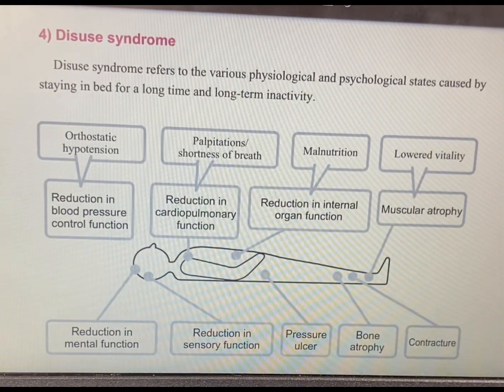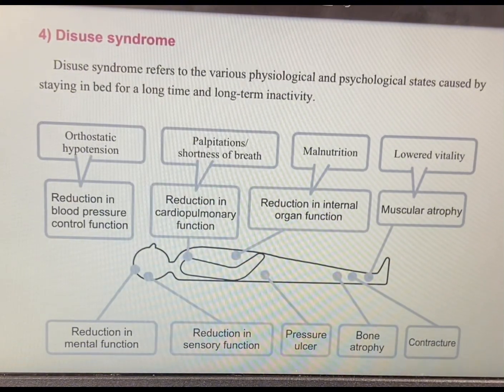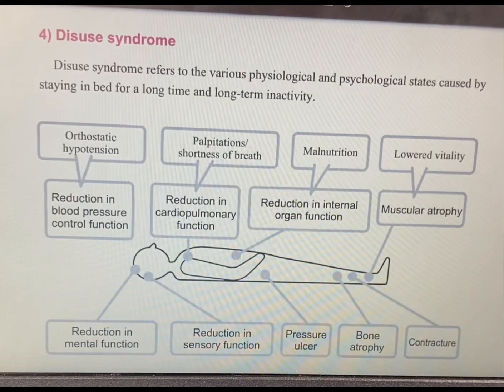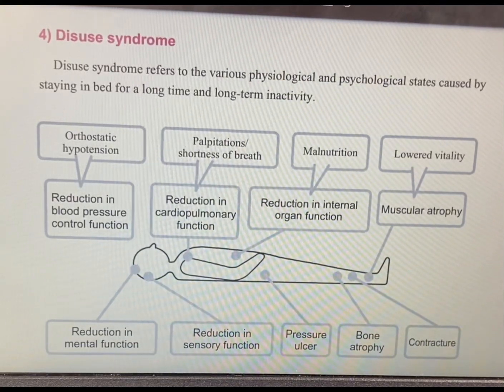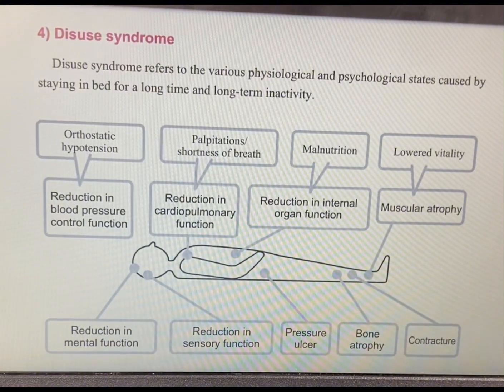There's something happen na hindi ka makatayo, hindi ka makaalis sa bed. Sila yung nagkaka-develop ng disuse syndrome. From the word disuse, hindi nagagamit. Marami palang mga effects yung laging nakahiga. Kaya bangon-bangon po tayo.